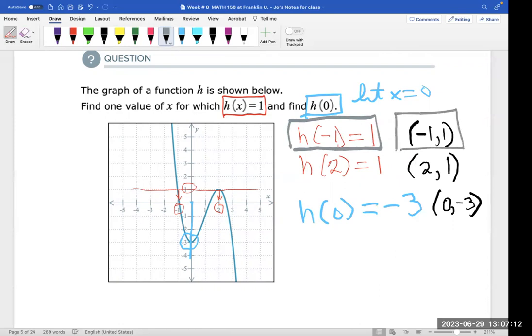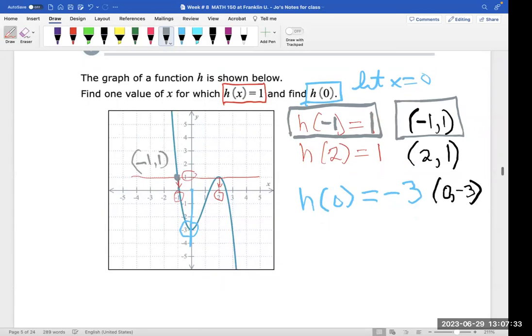It's a synonym to -1, 1. I input the x value of -1, I output the y value of +1. It's right there, -1, 1. There's a relationship between this function and the graph. The graph is all of the xy pairs that make the function true.